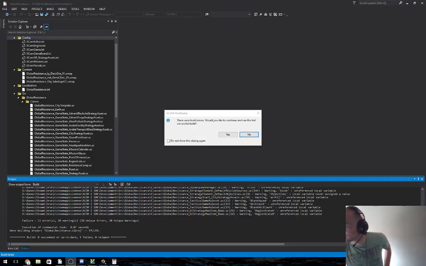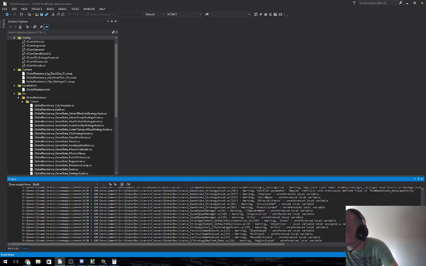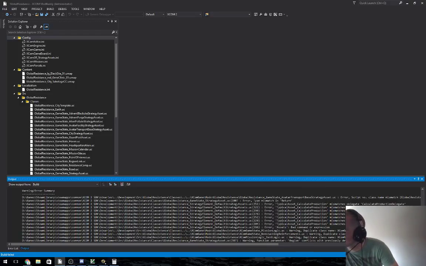Alright, let's go. What have we got in the way of errors? Calculate production delegate. Oh, type mismatch. Strategy asset accepts a game state strategy asset.